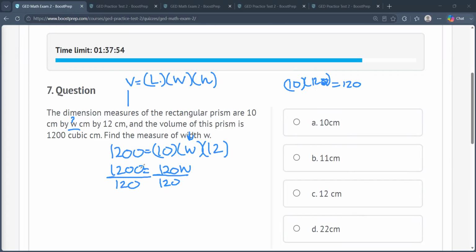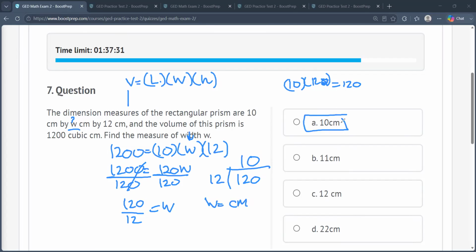Let's see, one of the zeros cancels, so it's really 120 over 12. How many times does 12 go into 120? Once, and then 0. So that missing width is 10 centimeters. Okay.